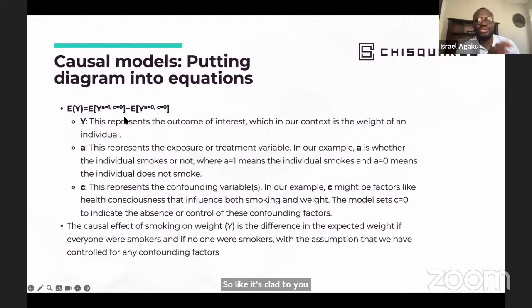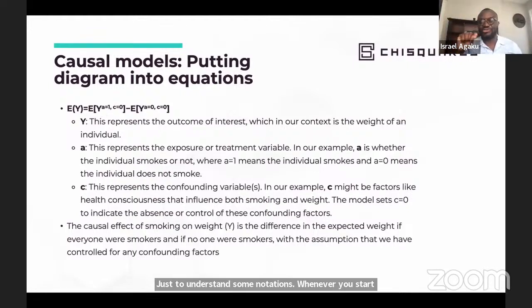Just to understand some notations, whenever you start seeing superscripts in an equation, that should tell you immediately that we're talking about causal models. Once you see a superscript, you automatically know that we're in the world of causality now.